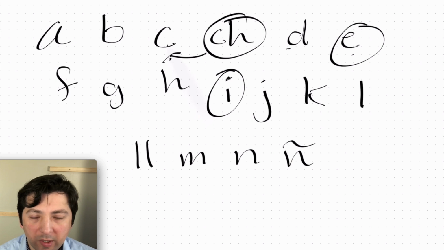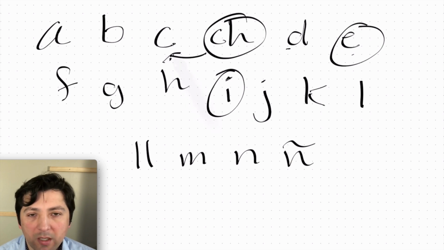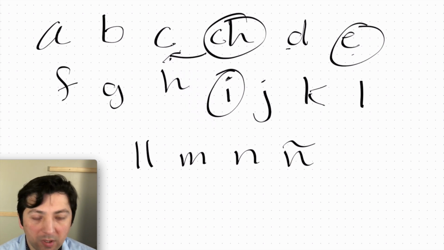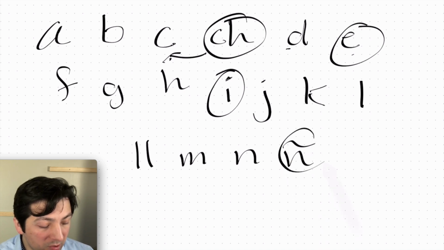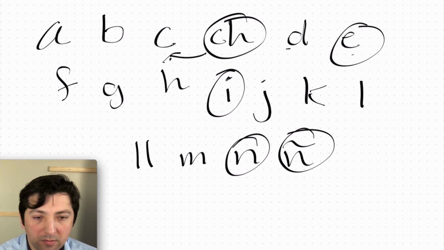Follow the alphabetical pattern: C-A, C-E, and then C-H. Ñ used to have its own entry. Now many times you'll just find it at the end of N, which is somewhat upsetting.